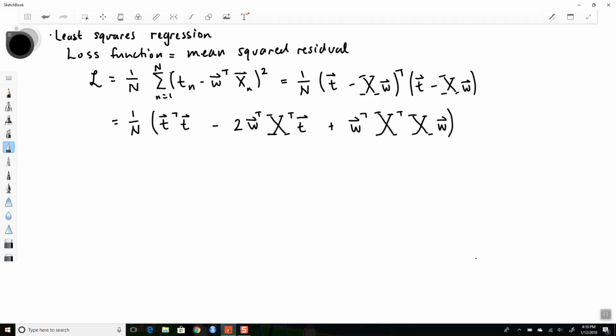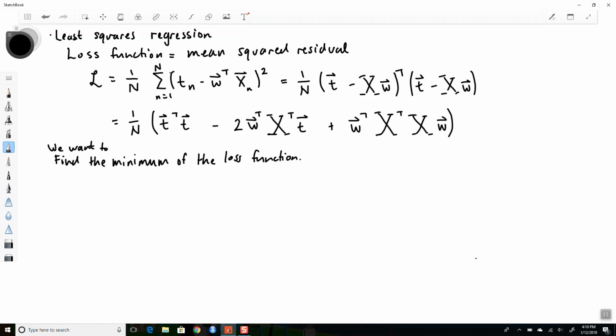And let's say we want to apply this concept of taking the gradient, because what we're trying to do is find the minimum of the loss function.